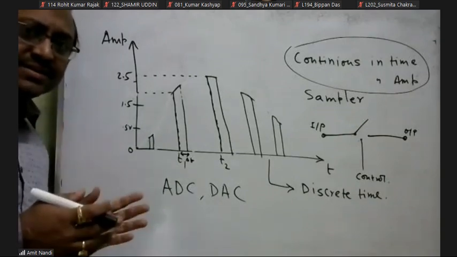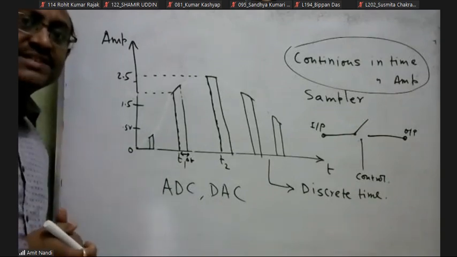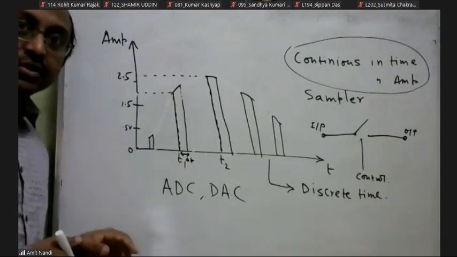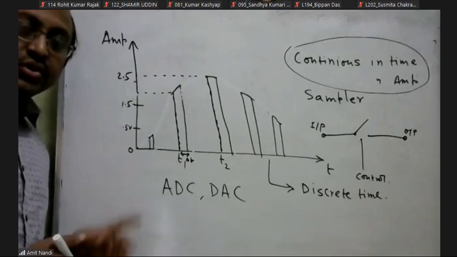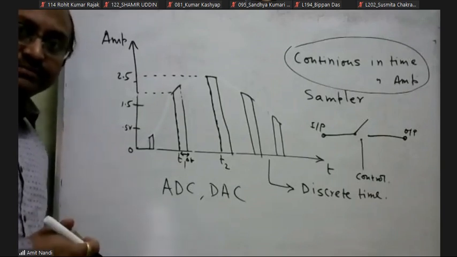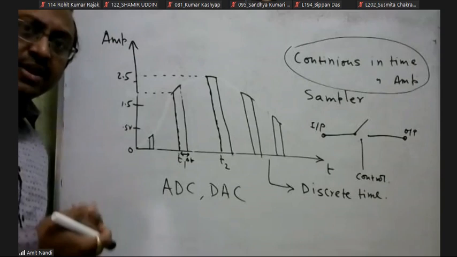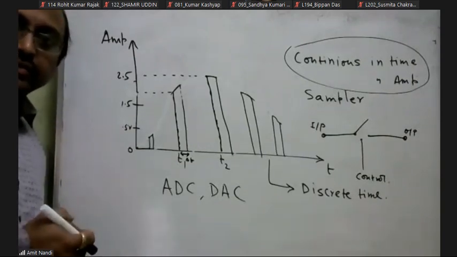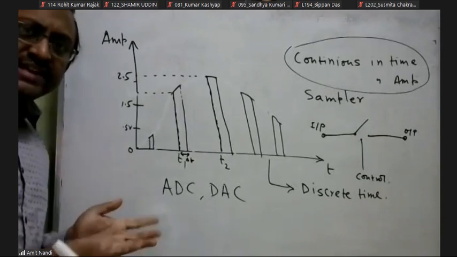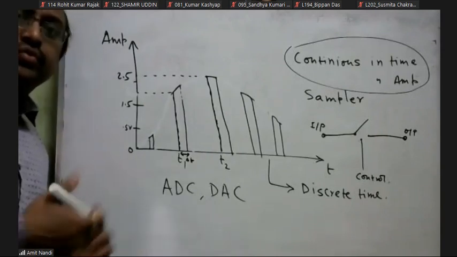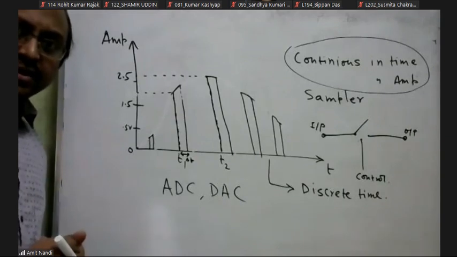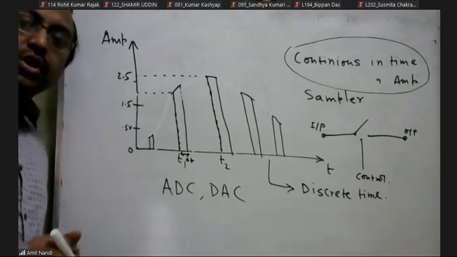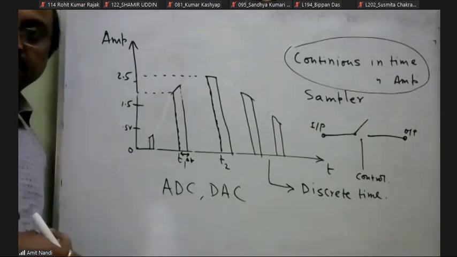Comparator means we use an operational amplifier. The operational amplifier can be used as a comparator, right? So the operational amplifier is one of the analog electronic components. In the case of a digital to analog converter, we use an R-2R ladder circuit or a weighted resistor circuit, and in that case we can also use an operational amplifier.